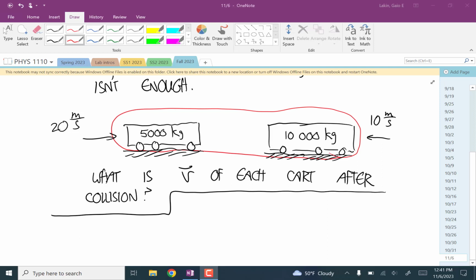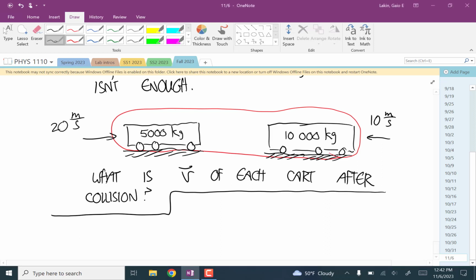And so gravity is acting down, but there's not going to be any vertical acceleration because it's moving in a straight line. So if you calculated the net force on these, ignoring the contact force, there's no net force because there's no acceleration.